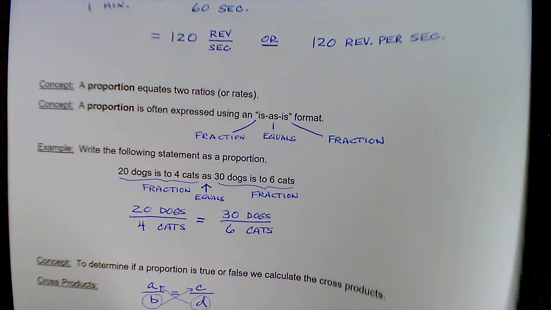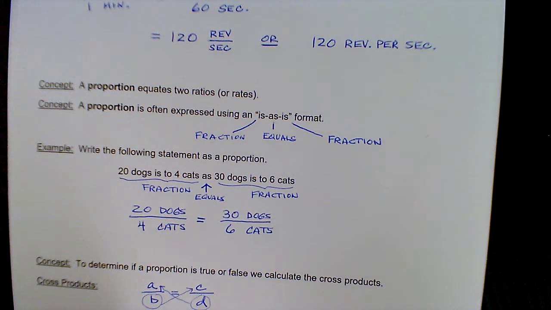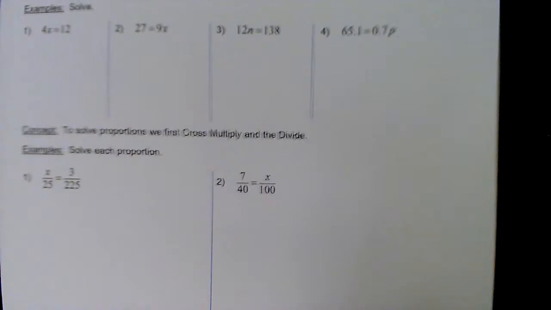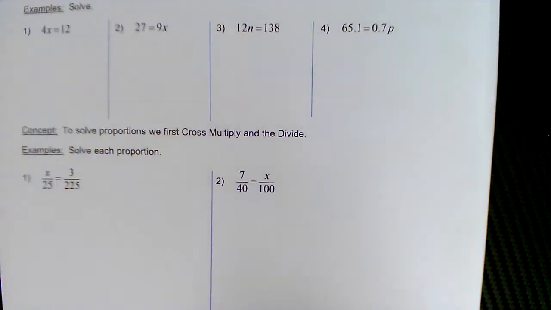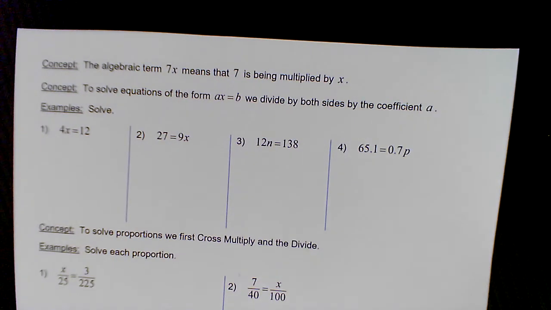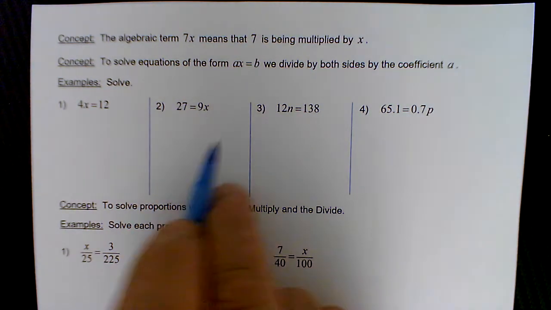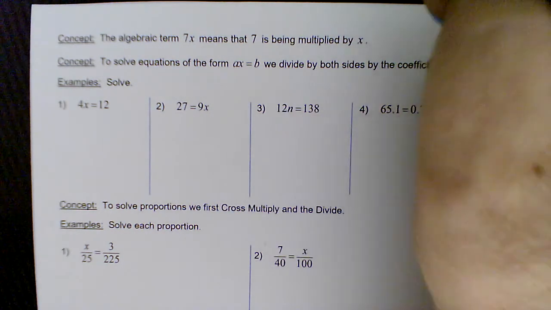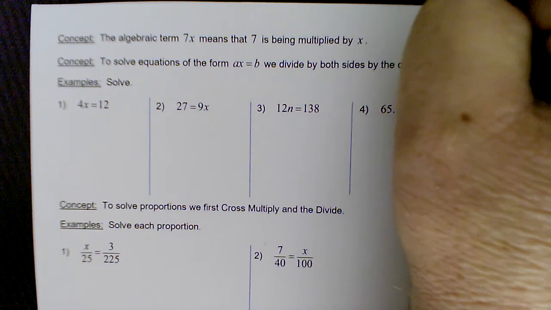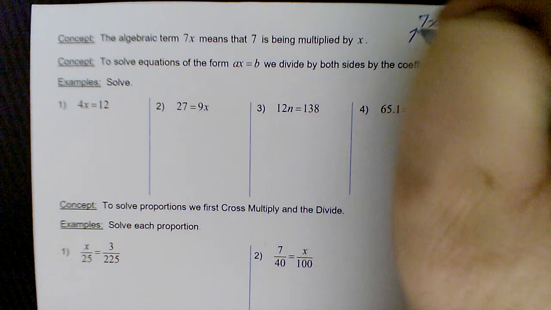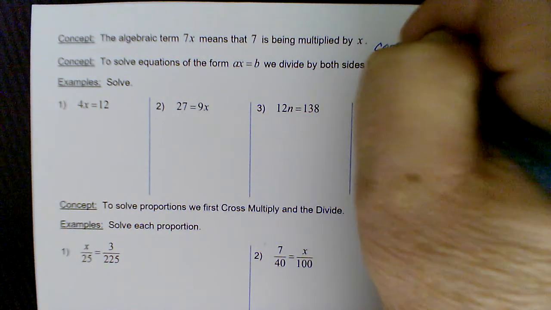Now the next thing gets us set up for how to solve linear equations by what you might consider the multiplication or division property. When we have an algebraic term such as 7x, that means that the 7 is being multiplied by x. And if we write that out, here's the terminology you need to get used to. The 7 is the coefficient.